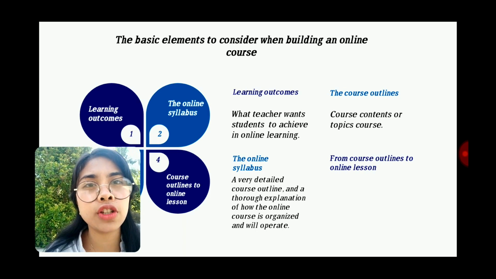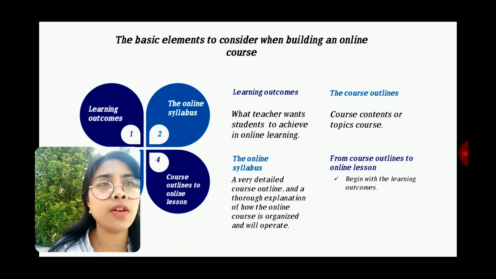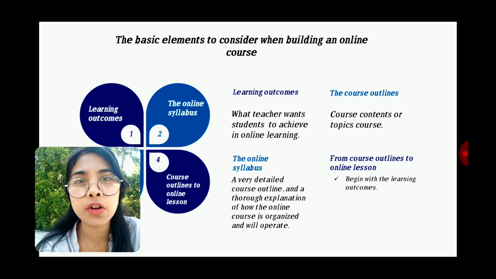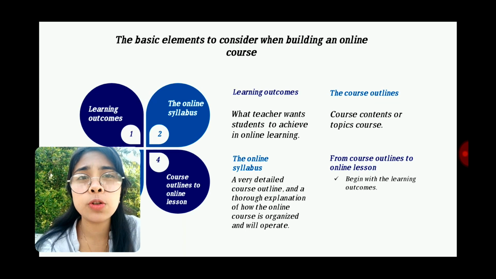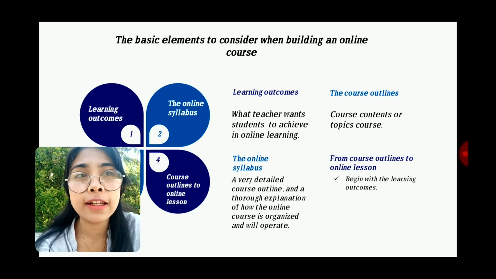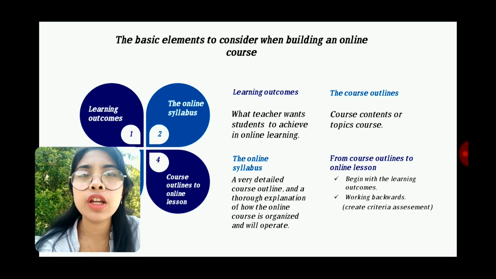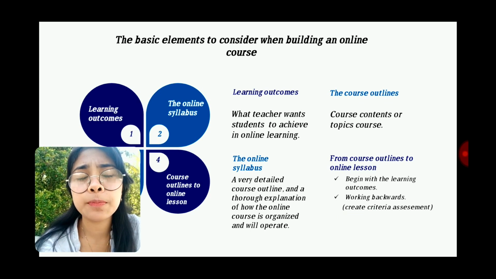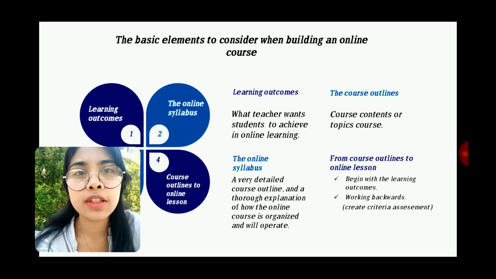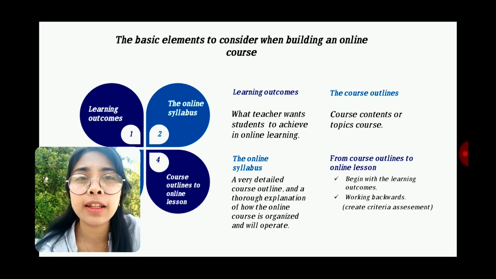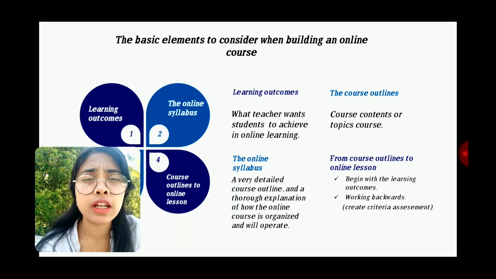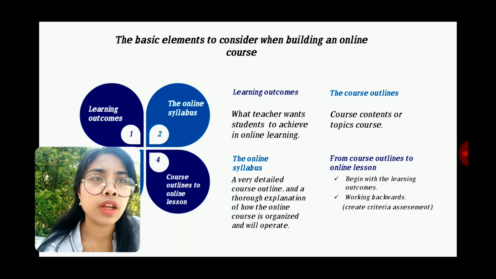There are 3 steps to consider. The first is to begin with the learning outcomes. As I have said, learning outcomes are very important because they guide a teacher to develop the online learning. A learning outcome is something like, student will be able to blah blah blah. It's like the expectation or the result of the online learning that should be reached by the student, and then it's working backward.